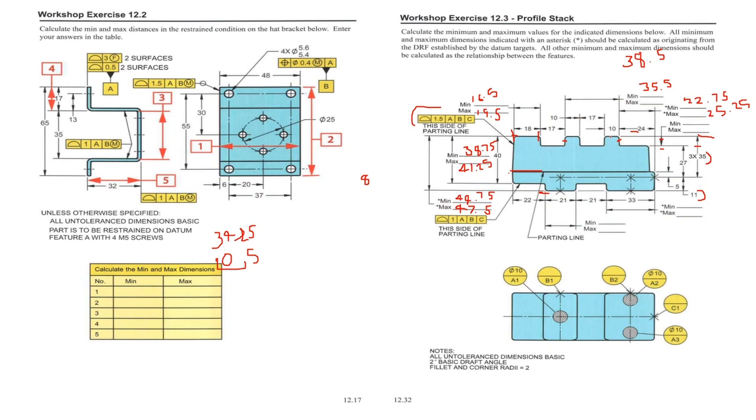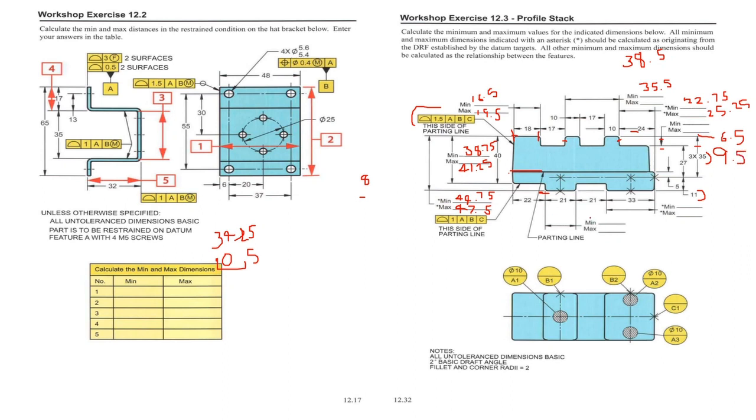For the minimum value, I will subtract 0.75 from here and 0.75 from here. So it will give me a size of 8 minus 1.5. So 6.5 is the minimum value here. And the maximum value is 8 plus 1.5, so it's 9.5, the maximum value.